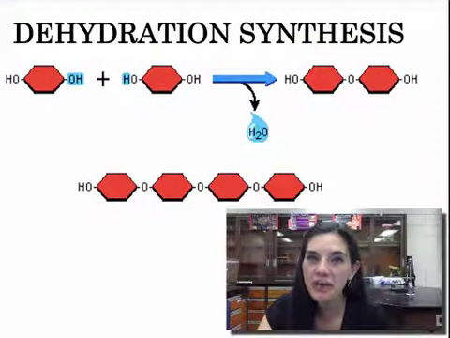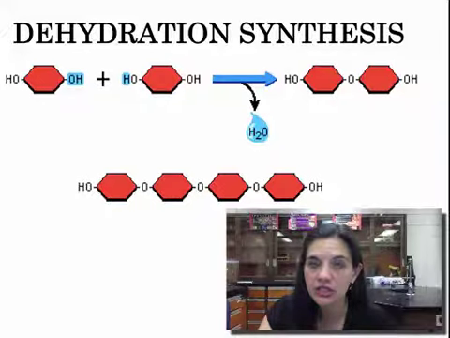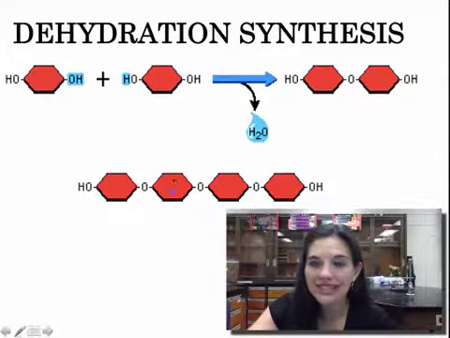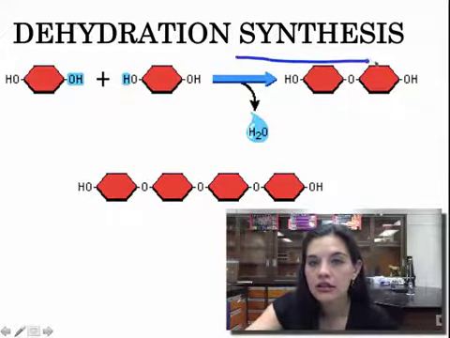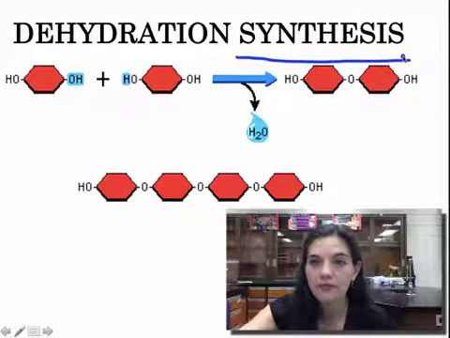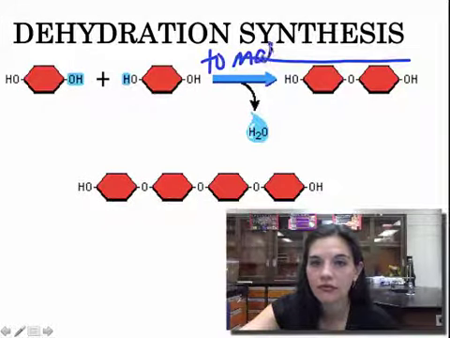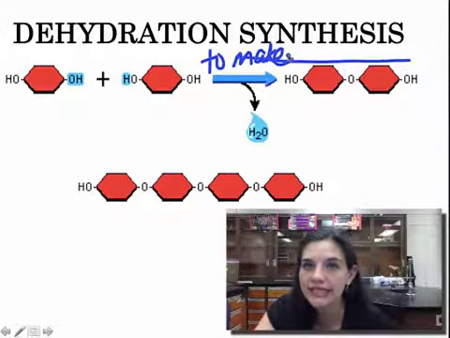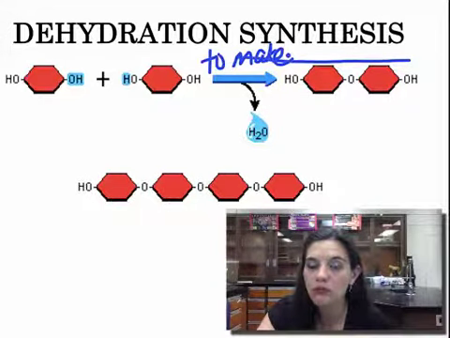There are other chemical reactions that join monomers together to make polymers, like when you build muscle. These reactions are called dehydration synthesis reactions. The word synthesis means to make. So a synthesis reaction makes something bigger out of small pieces.